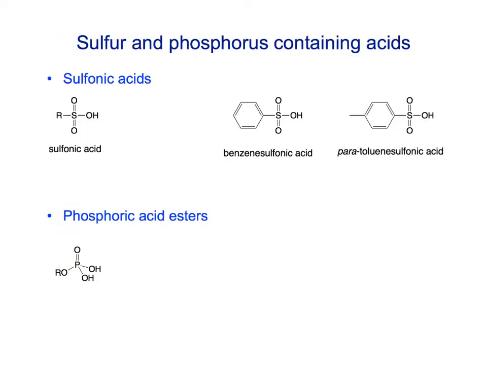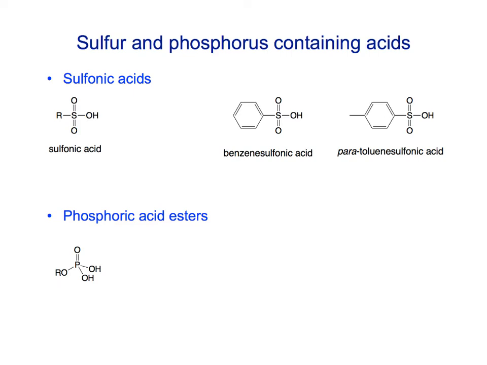Here we are. The first two types of acids we're going to look at. The first type are called sulfonic acids. And they should remind you of another strong acid that you've seen a lot before. What would that be? It looks very like sulfuric acid, right?